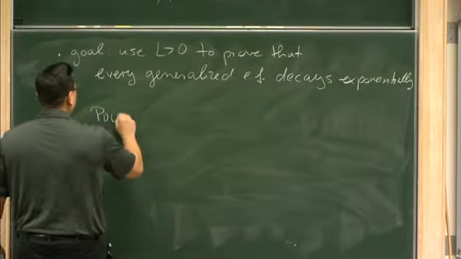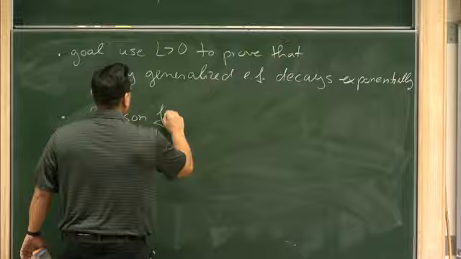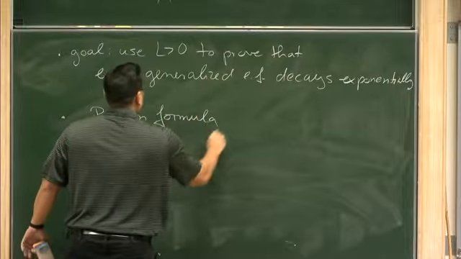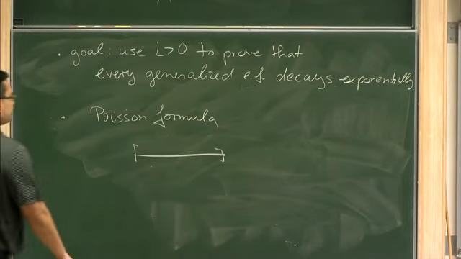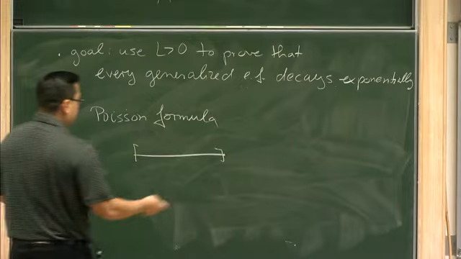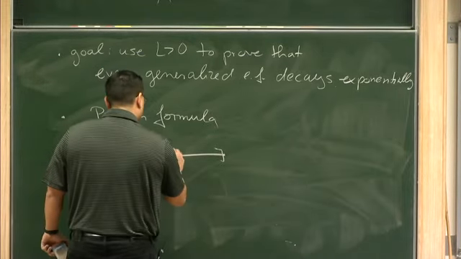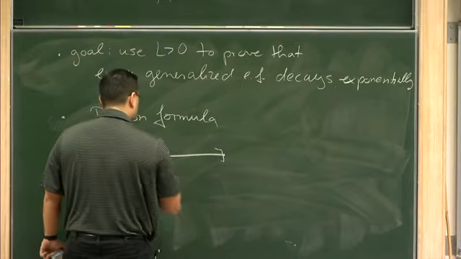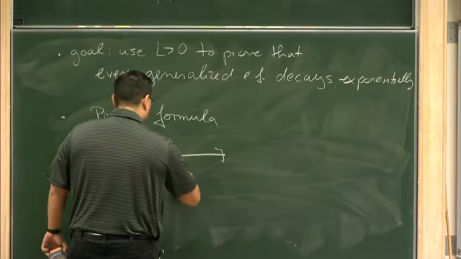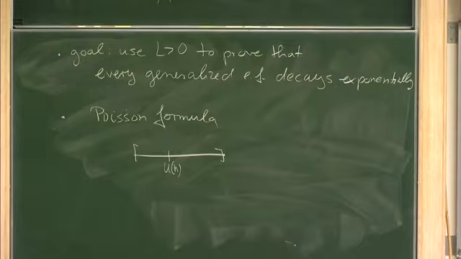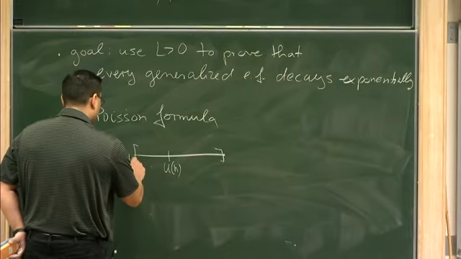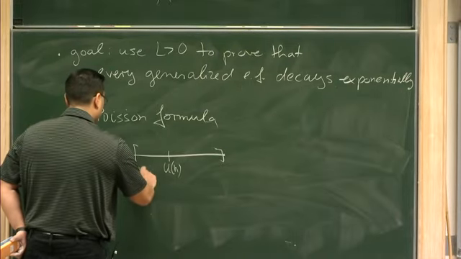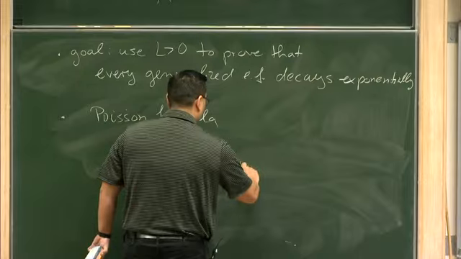There's a Poisson formula. Okay, so you look at finite intervals, and you look at solutions of your equation, and then what you can do is relate the value at some interior point to the values at the boundary here. So u at, say, a minus 1 and u at b plus 1.